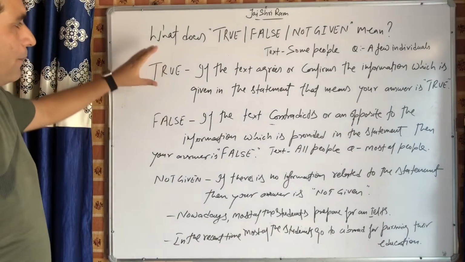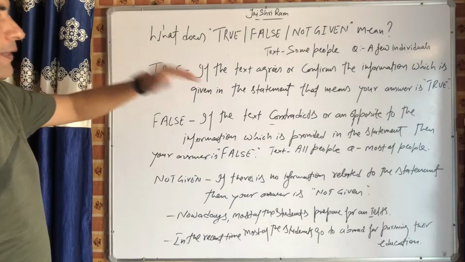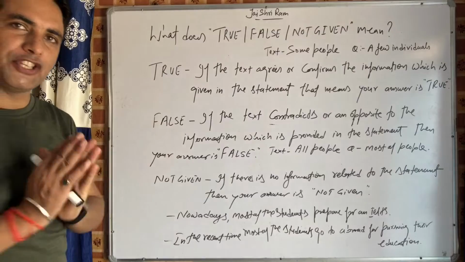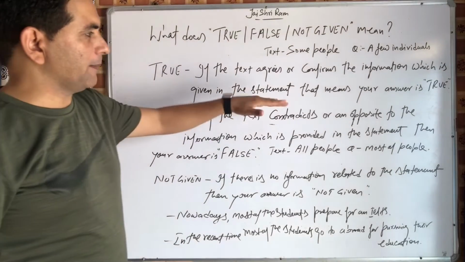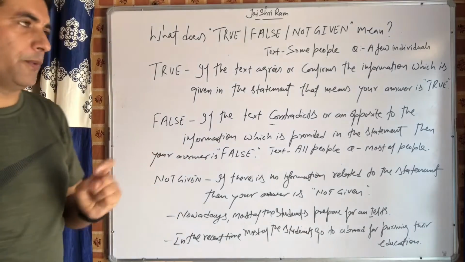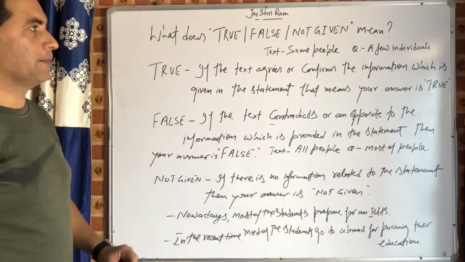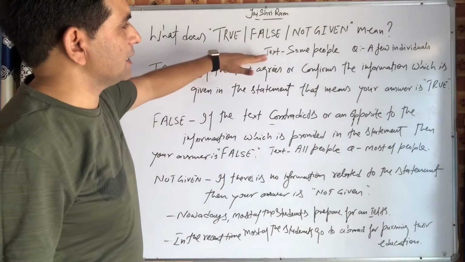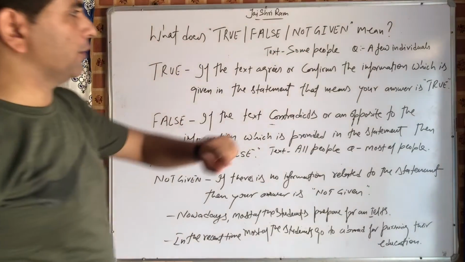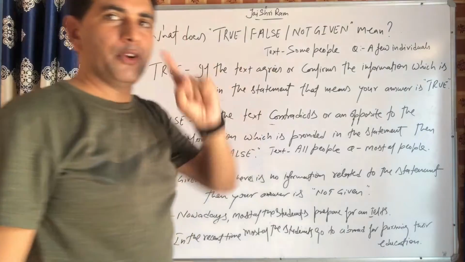You can see here I have written: true, if the text agrees with or confirms the information which is given in the statement or in your question. That means your answer is true. We can see one example. In your text you can see some people, and in your statement or question you can see a few individuals.